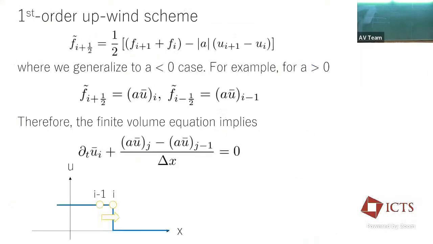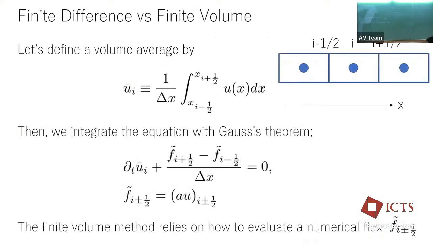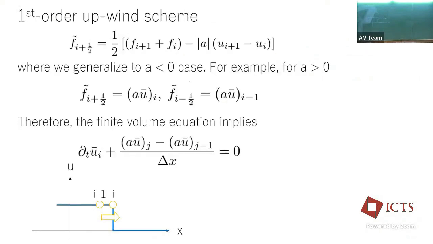So here is one example for the finite volume method. But in this example, I assume that A is positive. So let's generalize to A negative or positive, because we don't know a priori the sign of the propagation speed in an actual situation. How to do that?